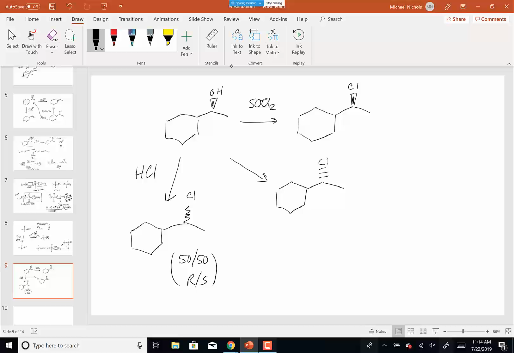How would I do inversion, though? Inversion of configuration means what kind of mechanism? An SN2 mechanism. So I need to convert the OH group into a leaving group that will then undergo SN2. So how do I convert the OH into a leaving group?